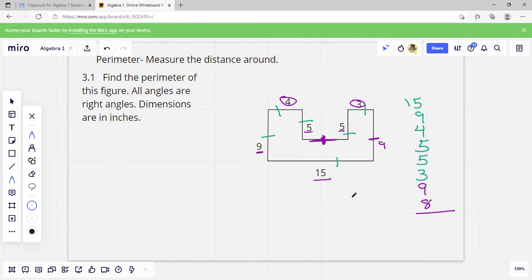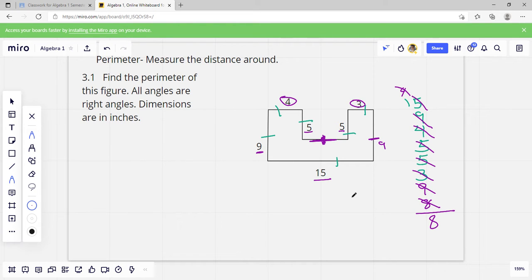Okay, then we're going to add all those together. And I like to find my 10s, so that's 10, and 3 and 4 is 7. 7 and 7 is 14, so 7 and 8 would be 15, so that's 25, 30, 38, oh, and then 9 more, 8 and 8 is, let's see, 39 plus 9 would be 48.